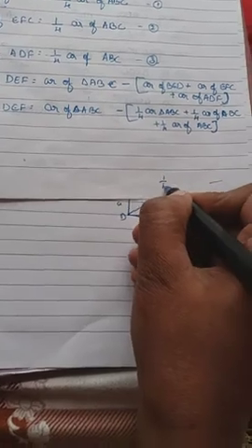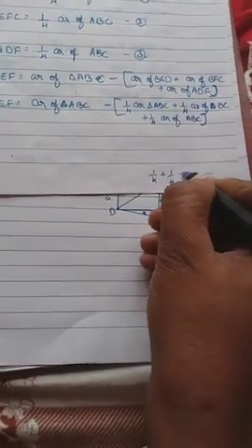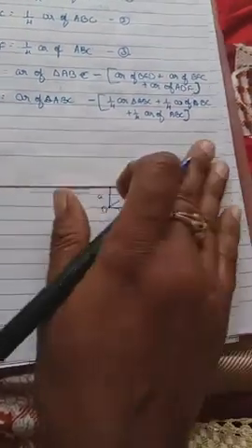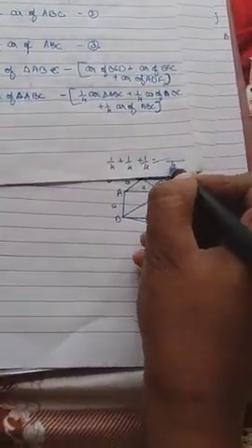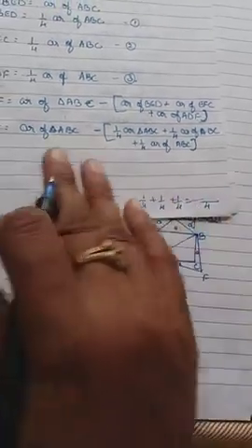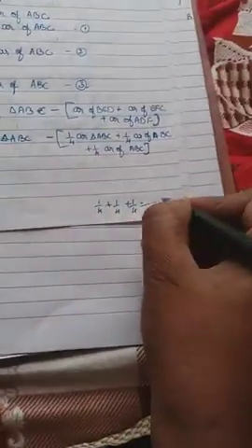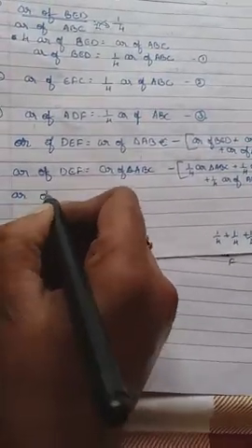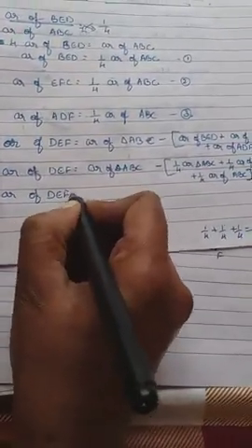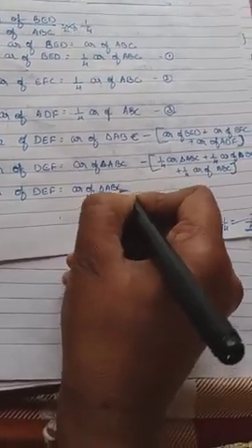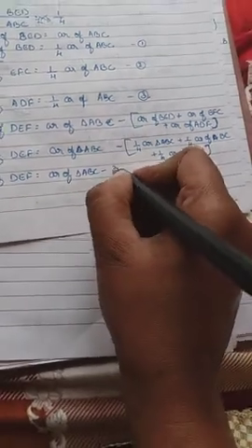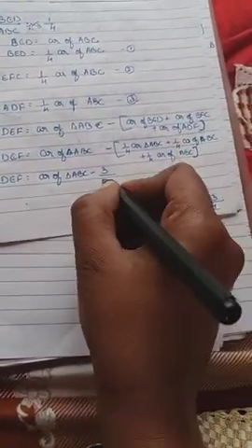How much do we get? If the denominators are the same, we can add the numerators and write the denominator. 1 plus 1 is 2, 2 plus 1 is 3, so we get 3 by 4. Now we can write the area of triangle DEF equals the area of triangle ABC minus this value, 3 by 4.